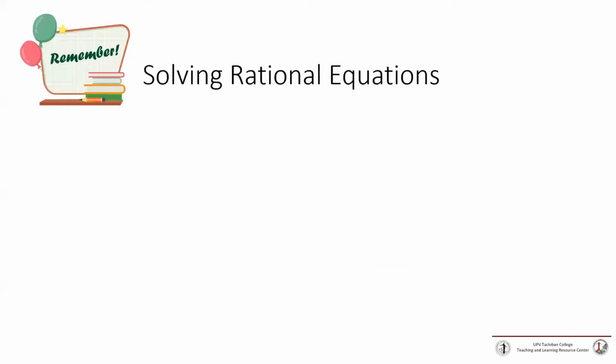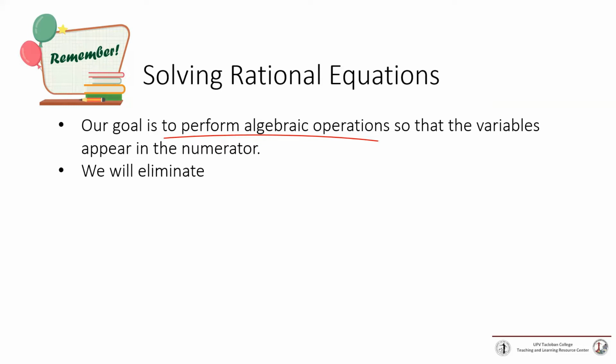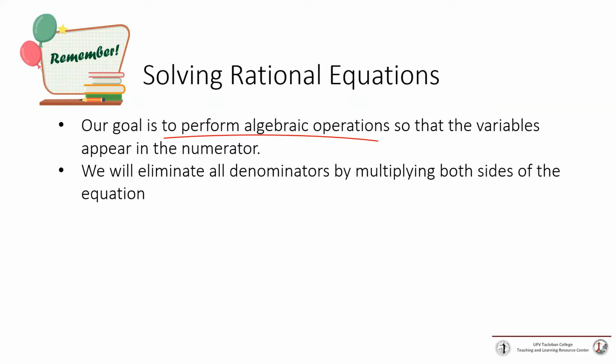Now, solving rational equations. Our goal is to perform algebraic operations so that the variables appear in the numerator. So that is our goal. We will eliminate all denominators by multiplying both sides of the equation by the least common denominator, or LCD.